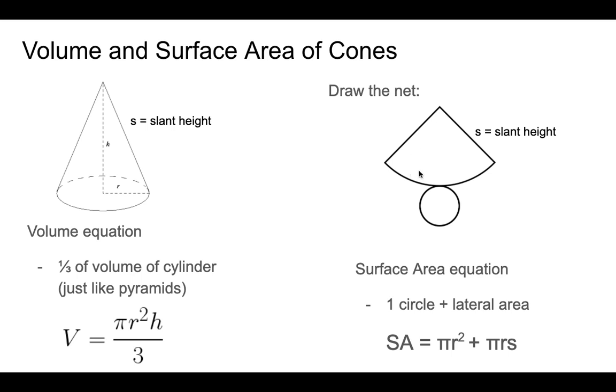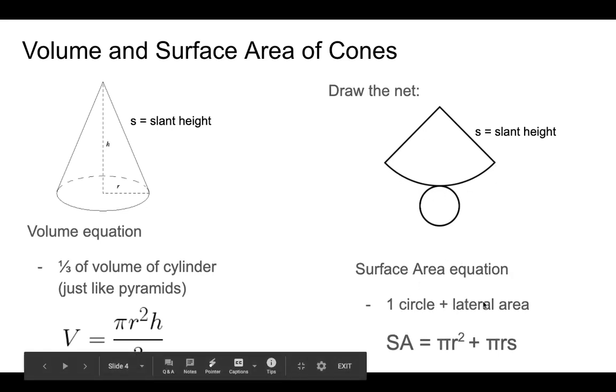Now this actually is quite interesting to derive, but you do not need to know that for this course. All you need to know is the equation that you're adding the circle and this area.